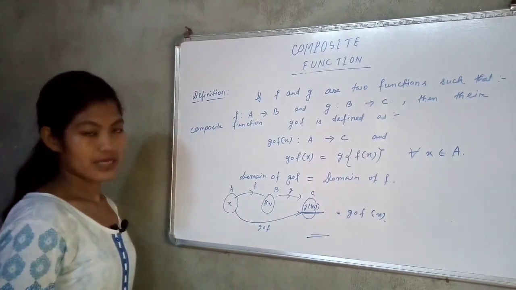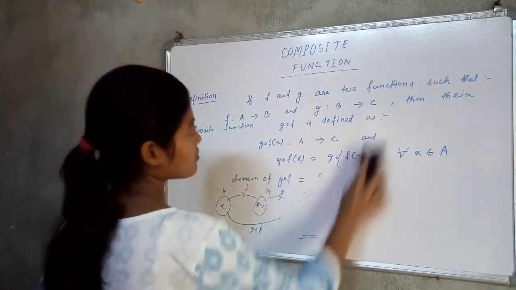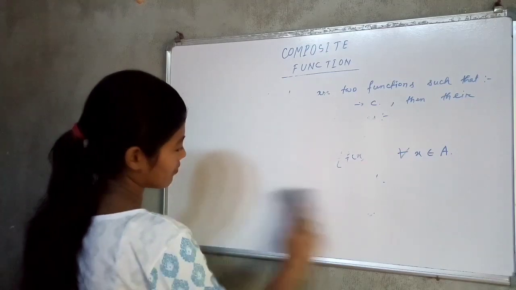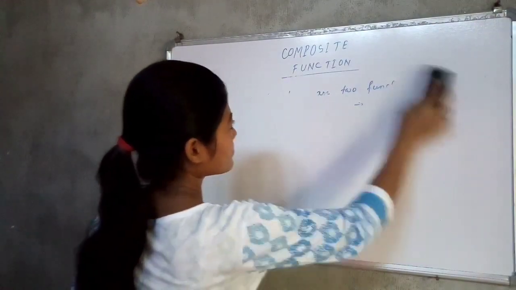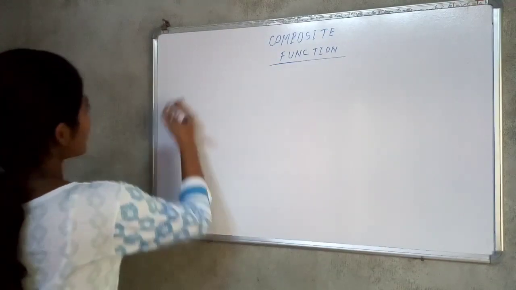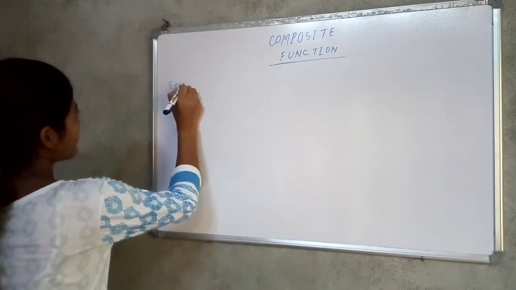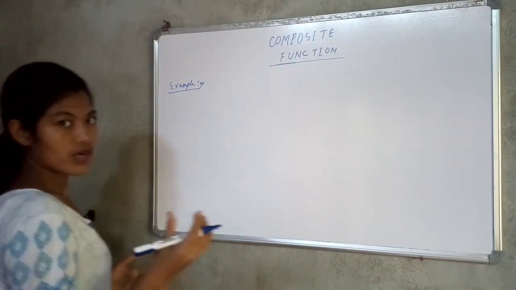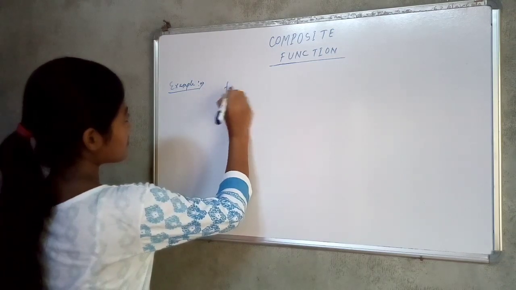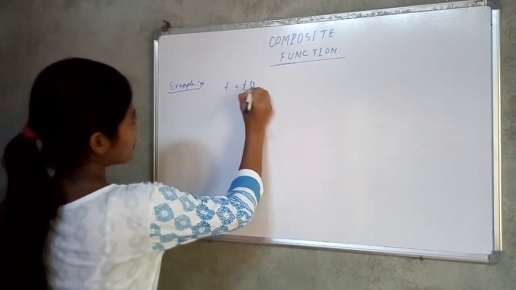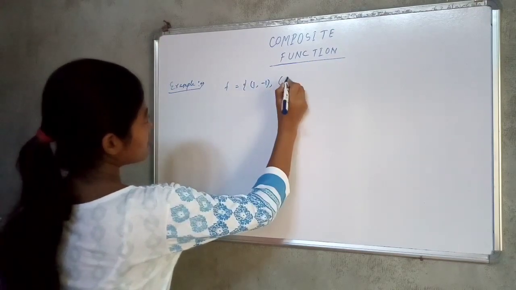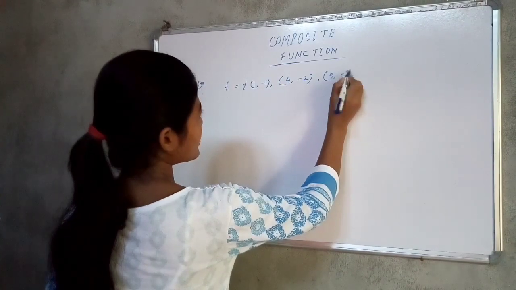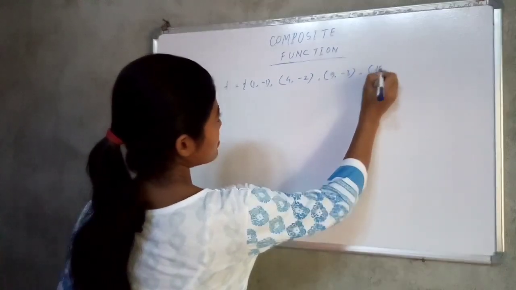So this is done. Now we will show some examples. So the example is: let us take two functions f and g such that f is the function with elements (1, -1), (4, -2), (9, -3) and (16, 4).